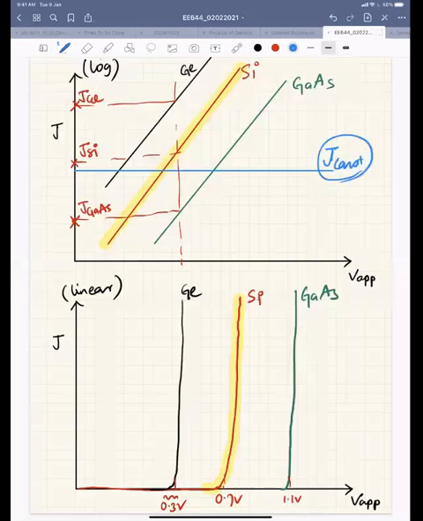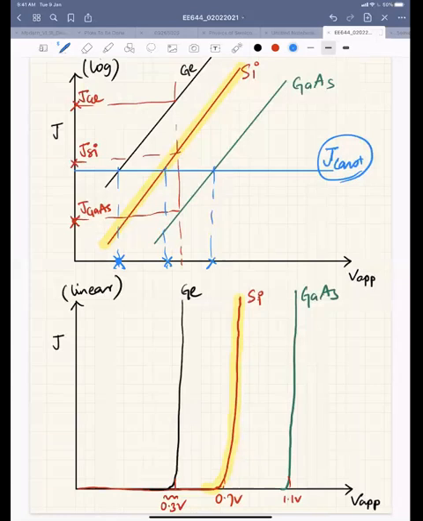Then I could define my voltage. The voltage required to have this J constant is my turn-on voltage of the diode. In that way, we could also define it. So this is the turn-on voltage of germanium, this is my turn-on voltage of silicon, and this is my turn-on voltage of gallium arsenide.